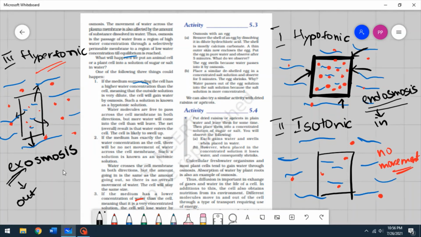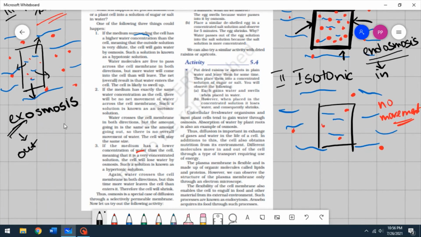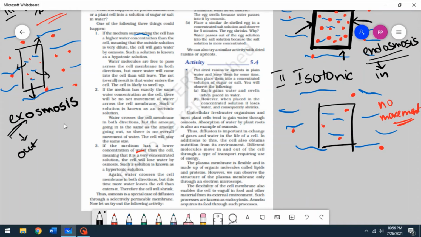Okay. So moving on. In all three conditions, the water crosses the cell membrane in both directions, but whether more water leaves the surrounding medium or leaves the cell more depends on the concentration of water.